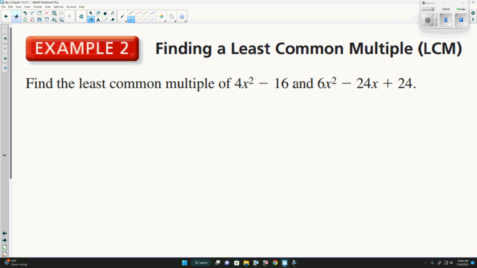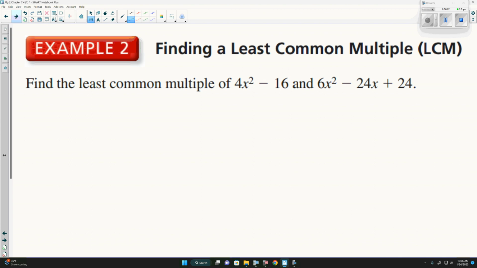So before we get there, we're going to find the least common multiple or least common denominator. The only difference between least common multiple and least common denominator is that the least common denominator is just talking about the bottom of the fraction. We're using LCM on the bottom of the fractions.